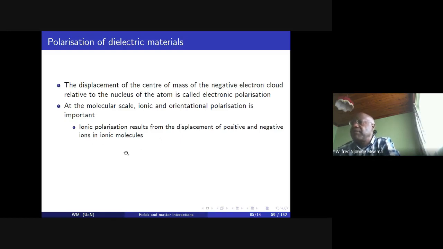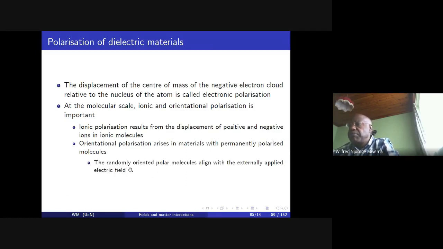That is, if you have ionic molecules, the positive side of the molecule tries to align itself with the field, and therefore we have an orientational polarization as well. Orientational polarization arises when we have materials with permanently polarized molecules as well.